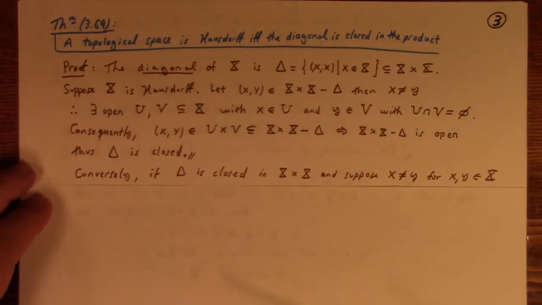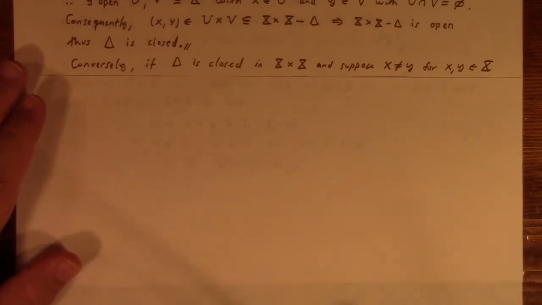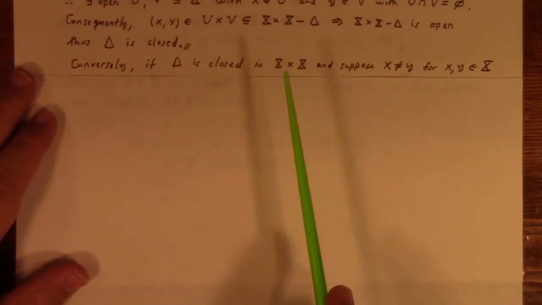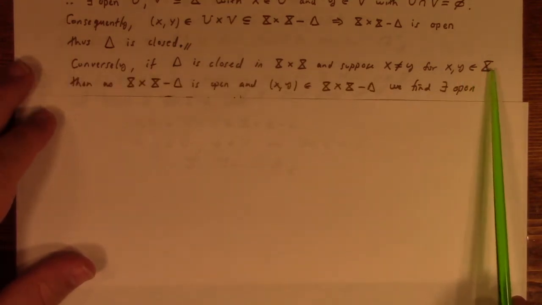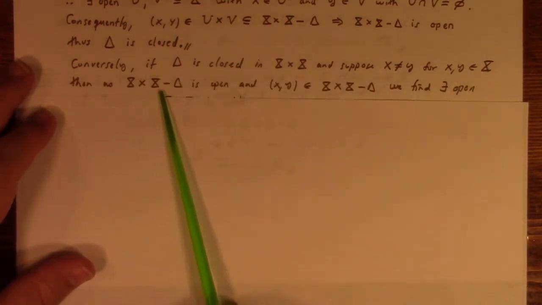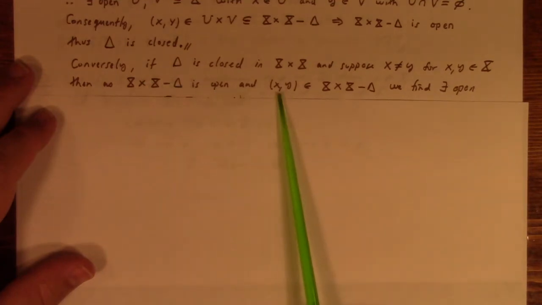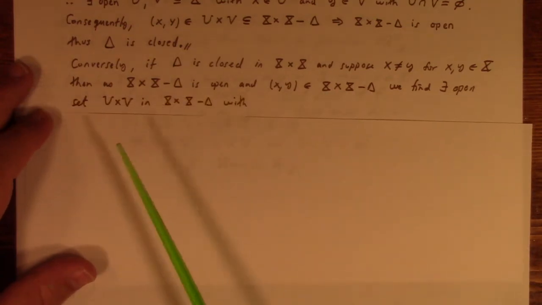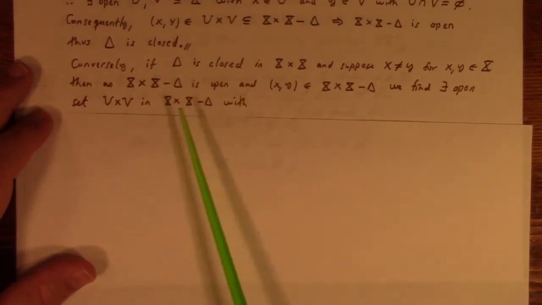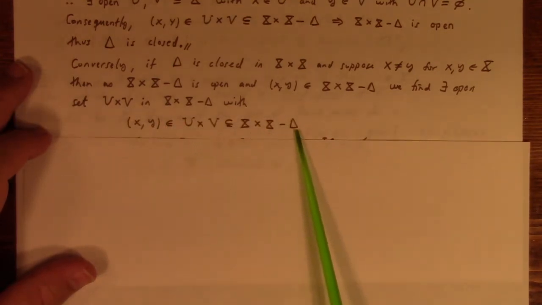Conversely, if the diagonal is closed, then suppose x is not equal to y in X. The complement of that diagonal is open and (x, y) is an element of that complement, so we find that there exists an open U cross V in that complement containing (x, y), right?